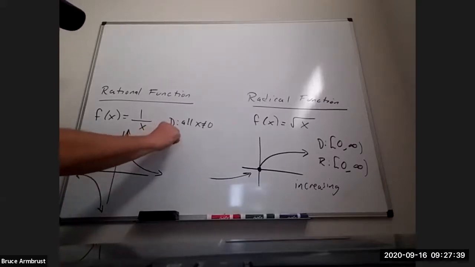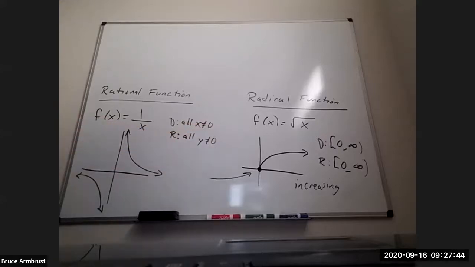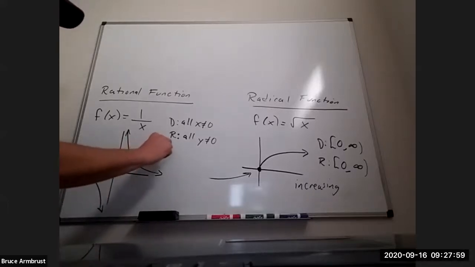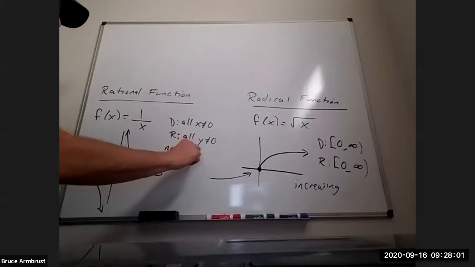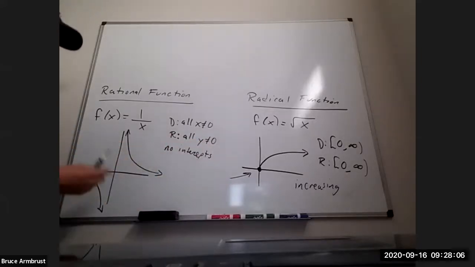And it turns out that the range is similarly everything but 0. You can't plug 0 in, you can't get 0 out. It also has no intercepts. It's not very often that we find functions that don't have any intercepts whatsoever, but this is definitely one of them. So this guy is 1 over x.